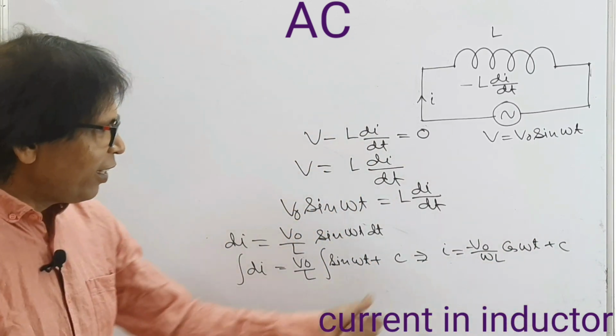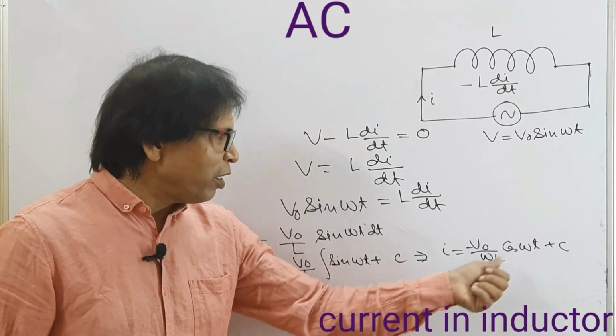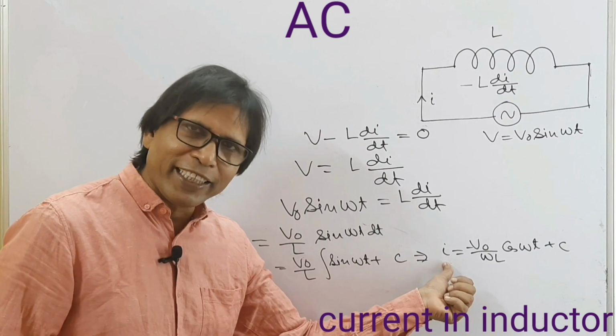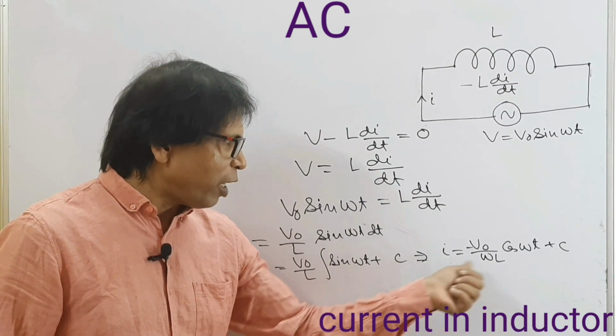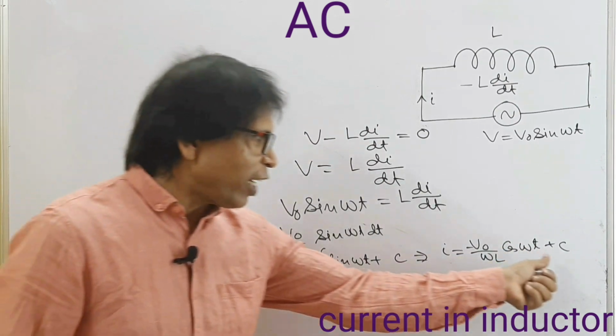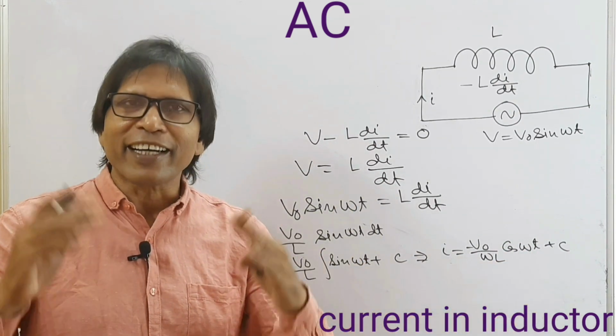Look at this. This is the AC current. It is the variable term. This is also the time dependent term. So this is the constant term, which can be avoided while discussing the current.